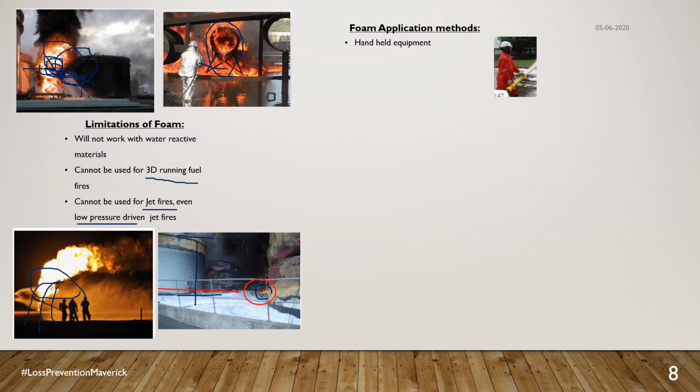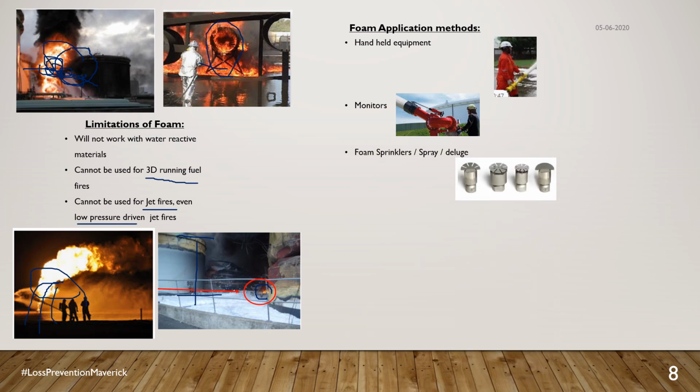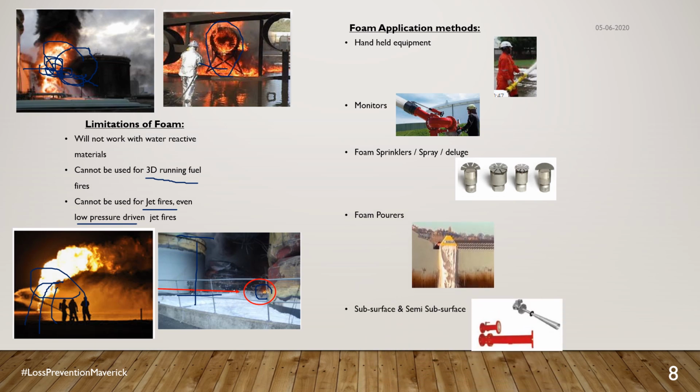Possibly tactics can be another part of a video. It can also be by monitors, by foam sprinkler, spray and deluge systems, foam pourers as you see over here, fixed pourer systems, and by subsurface or semi-subsurface by using the high pressure foam generators.